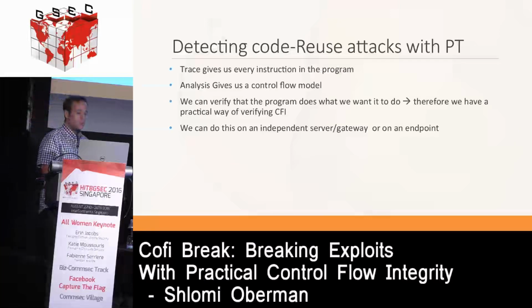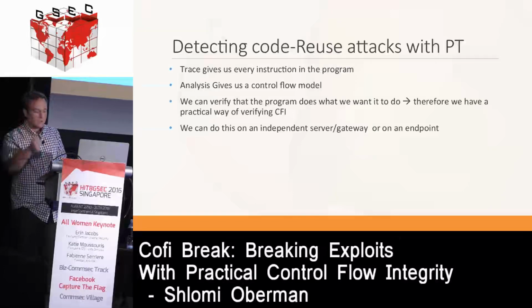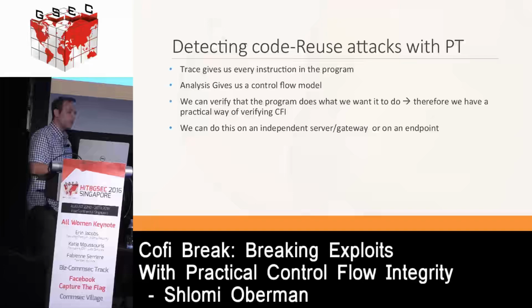In very simple words, the trace gives us every instruction in the program. Analysis of the program gives us the control flow model which we should be watching for. For example, every function should be returning to its caller. We can verify that the program does as it is intended to do and does not do things that it is not intended to do. And we detect malicious files.